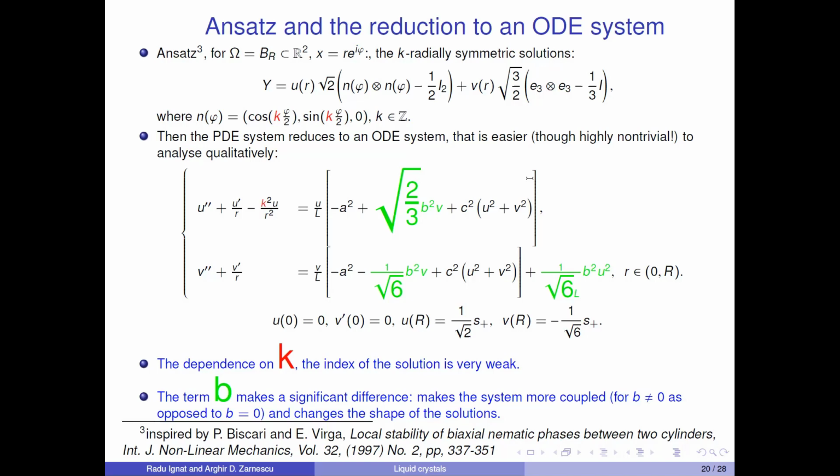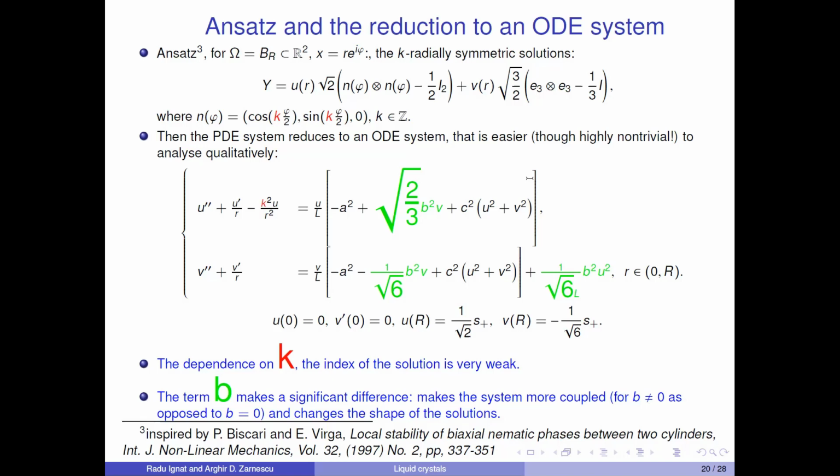Yeah. So what I wanted to present at the end of yesterday's lecture is something like this. The system whose qualitative properties we are interested in is a semilinear elliptic system of essentially 5 coupled PDEs, right? And sometimes it's convenient, and of course it's easier, if you can reduce it to something simpler. So you can take an ansatz like this, where you are on a ball in 2D.